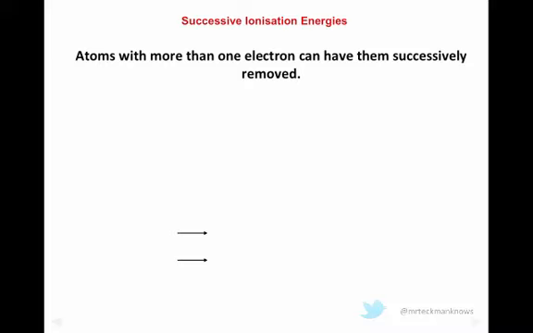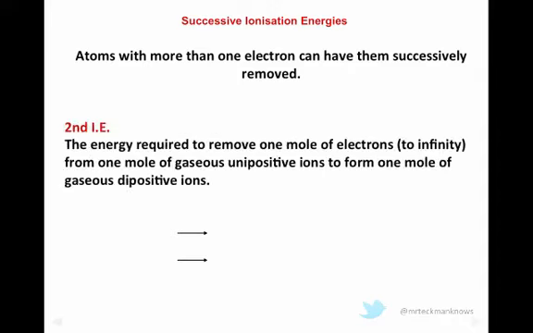Successive ionisation energies. Successive ionisation energies mean that for an atom with more than 1 electron, they can lose more than 1 electron. So, for example, the second ionisation energy is the energy required to remove 1 mole of electrons to infinity from 1 mole of gaseous unipositive, that means singly positively charged, ions to form 1 mole of gaseous dipositive, that means 2 positive charges, ions.